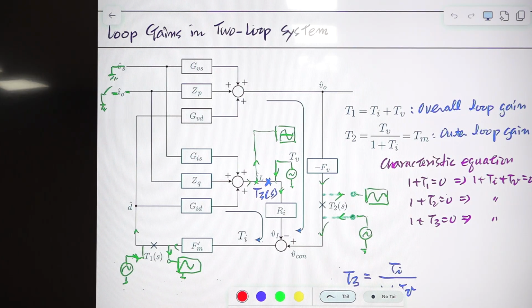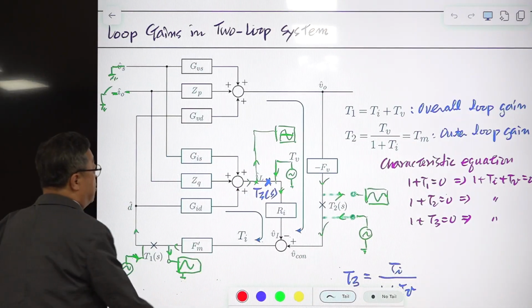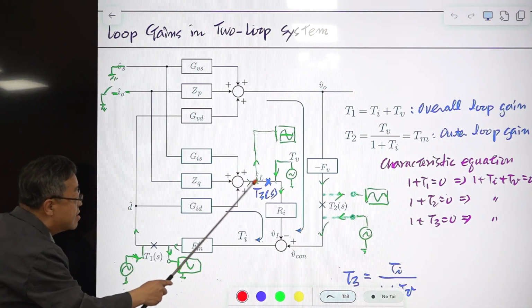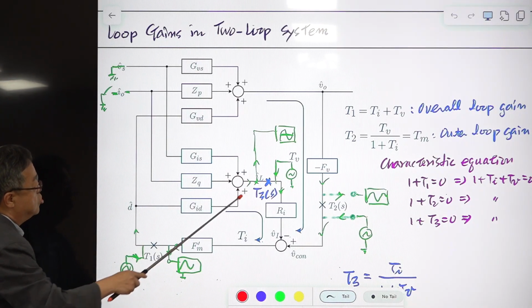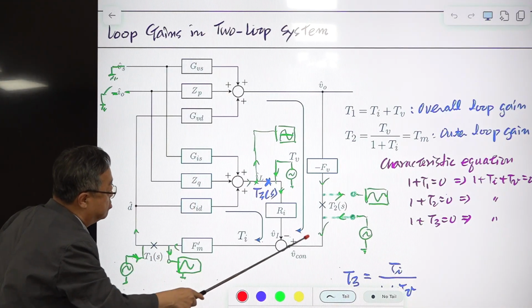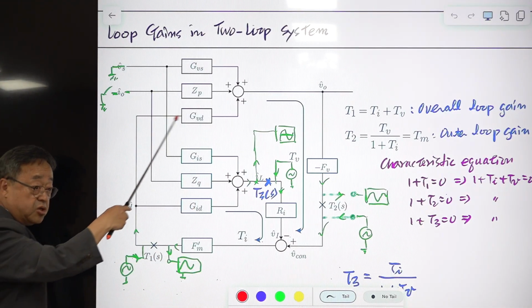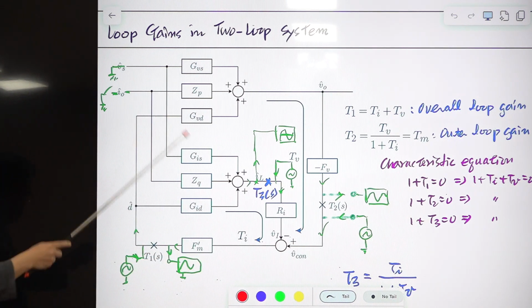Okay, in this system, previously we considered this part, including this current mode control, this Ti. We considered this as a new power stage model, and we considered this as a single loop system.